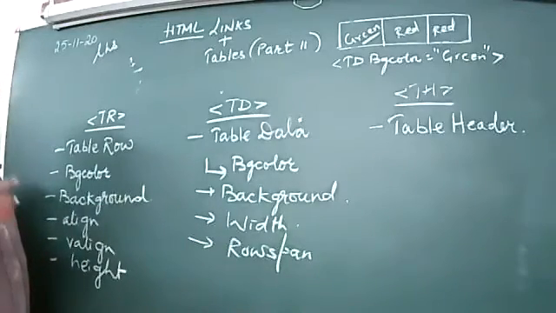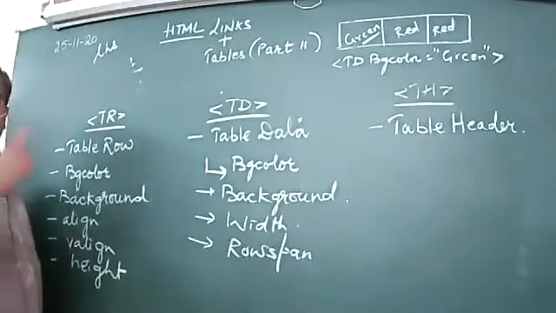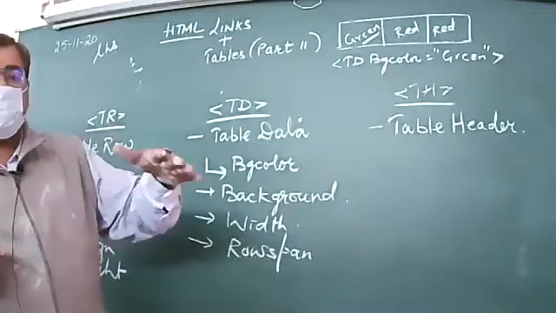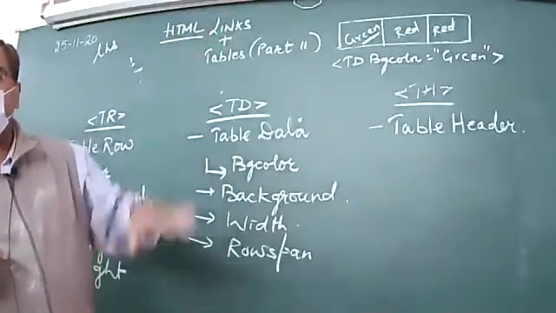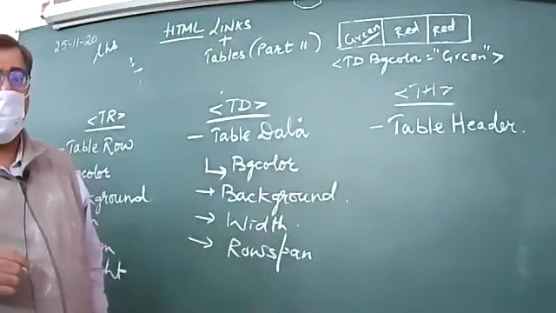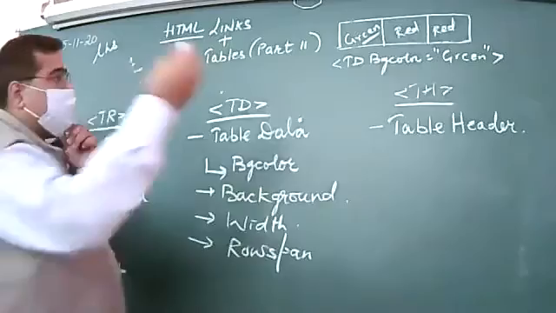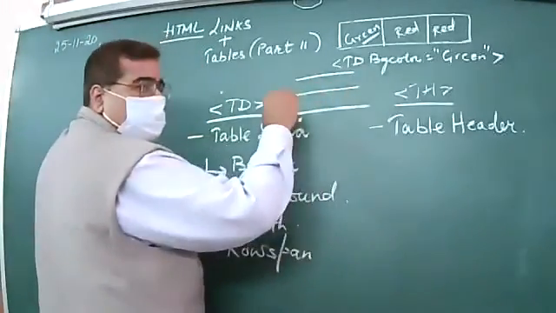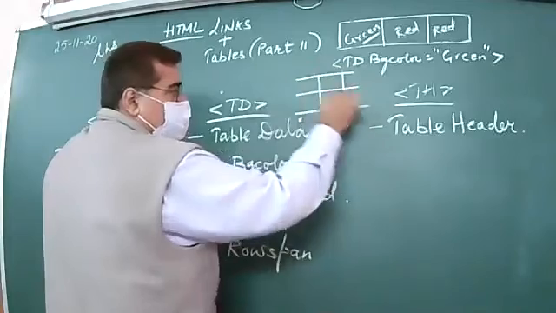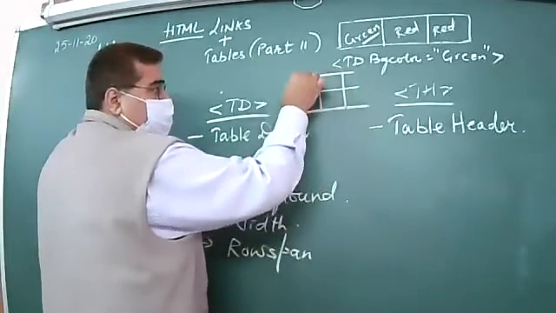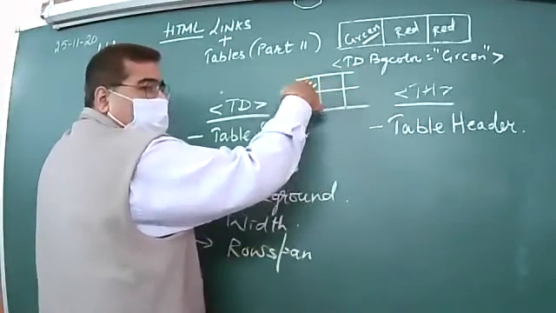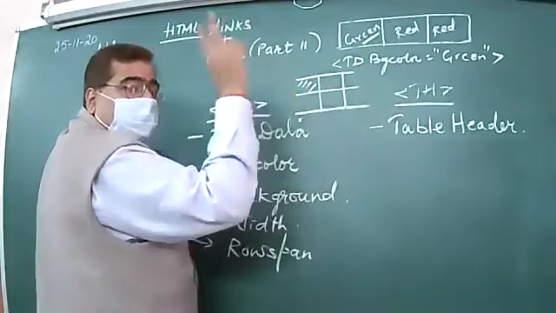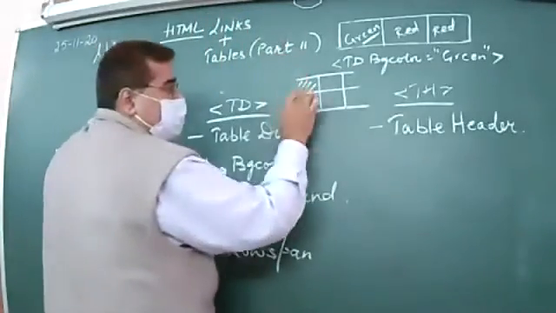Number of cells spanning across a row, or number of cells spanning row wise, is row span, right? Like suppose I have one row over here and one row here. This particular cell is to span across two rows.